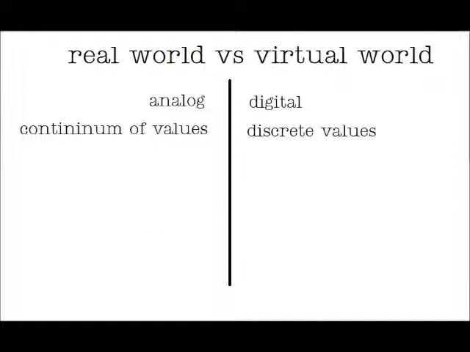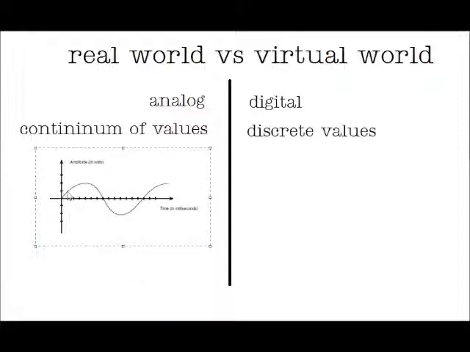So graphically, how would that be represented? Let's look at this. An analog value would be represented by this continuous line over time.